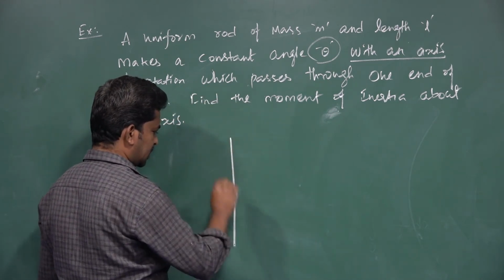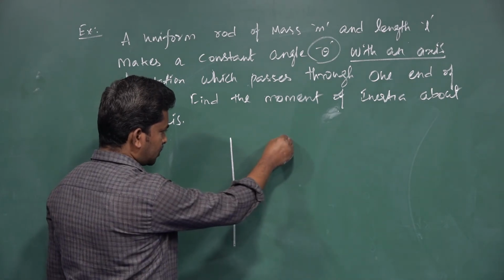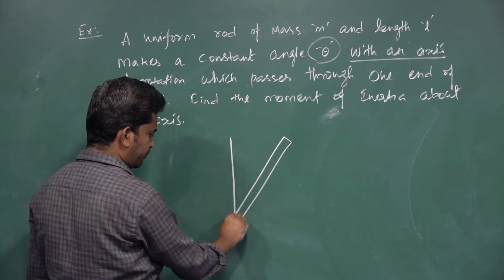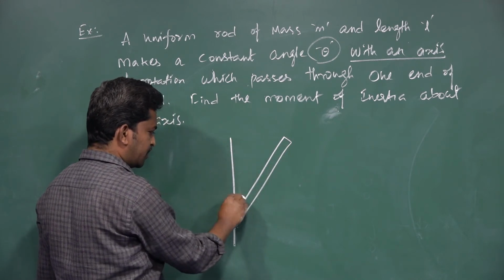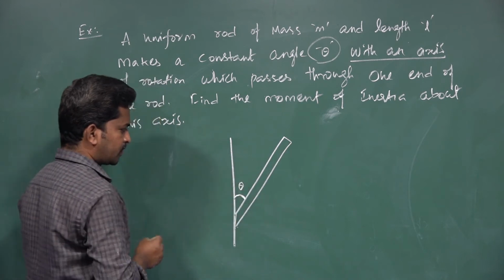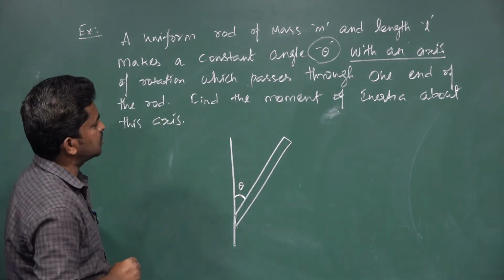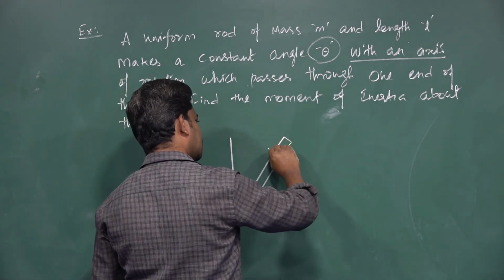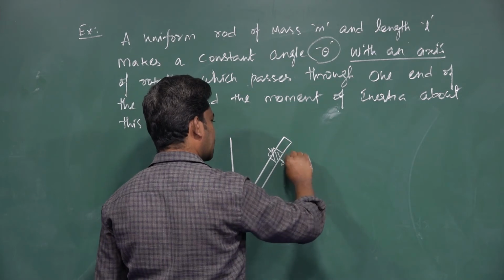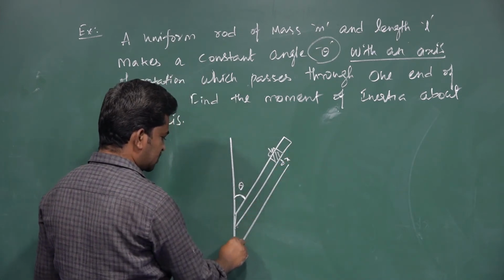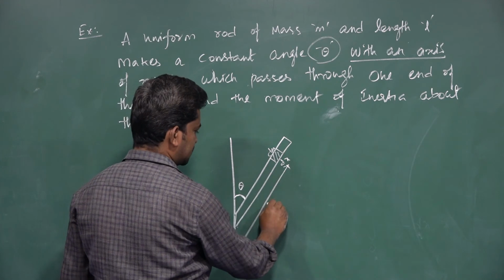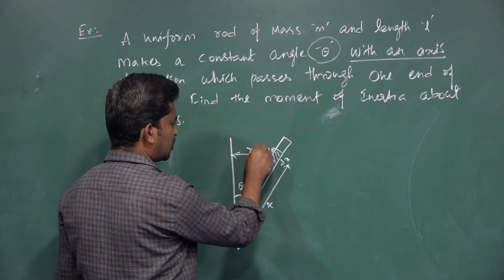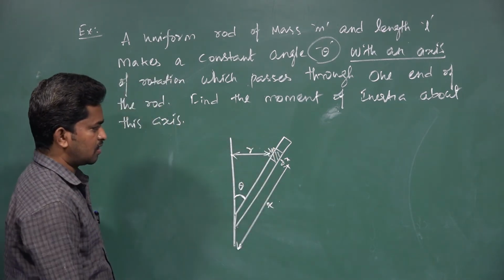Consider this is the axis, and this is the uniform rod, making an angle theta with the axis. Consider a small mass dm at a distance dx. From the axis, the distance along the rod is x, and the perpendicular distance of this point is r.